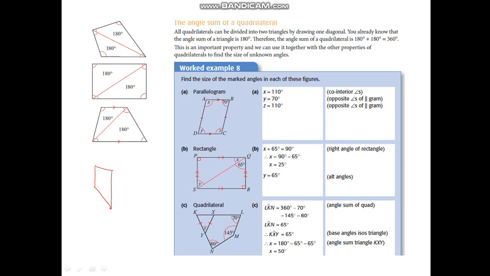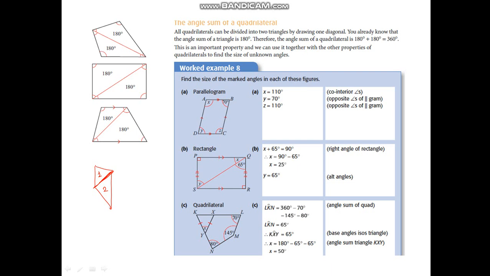It has got four sides. When you draw the diagonal from one angle to another angle, you'll get two separate triangles, the first triangle and the second triangle.